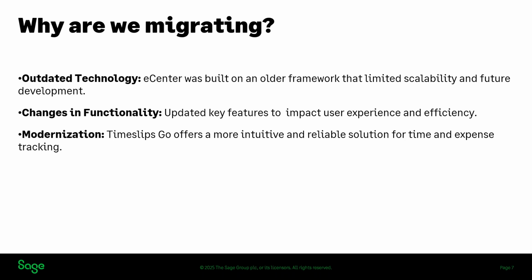You click on that and you set up your credentials. The email will be sent initially to the administrator, and then that person just sets up all the other users. There's a desktop token that you copy from Timeslips Go into Timeslips Premium, and then Timeslips Go is activated.